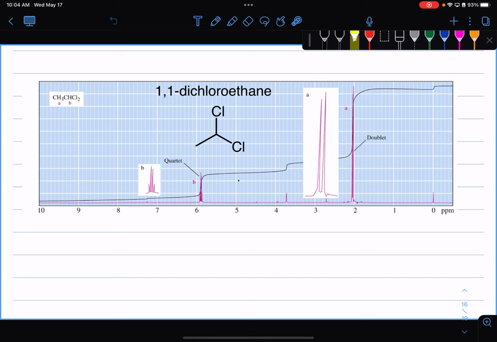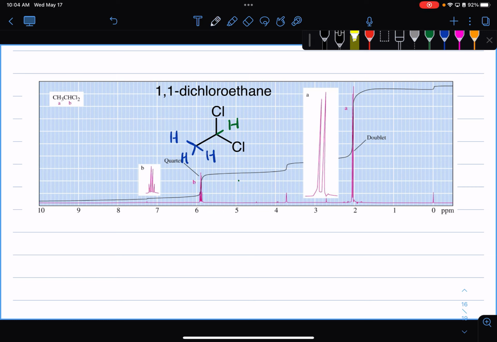So if you think about it, we have 2 different peaks, and in my molecular structure of 1,1-dichloroethane, we have 2 different kinds of hydrogens, or 2 different types of chemically inequivalent hydrogen atoms. If I draw them out in green and in blue. Right, now we look at it. There are several pieces of information you can use to help you assign these peaks to the specific hydrogens. For example, we can use the integral.